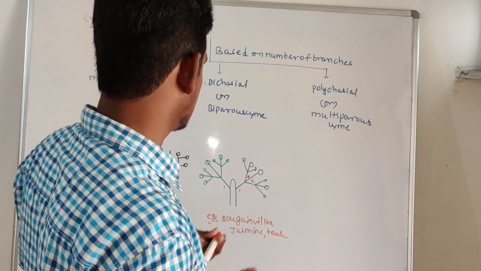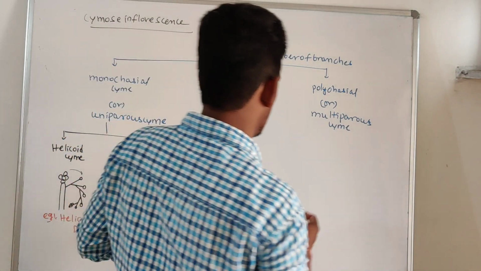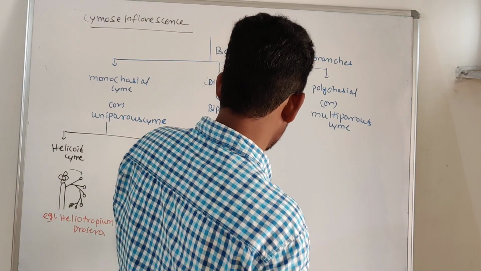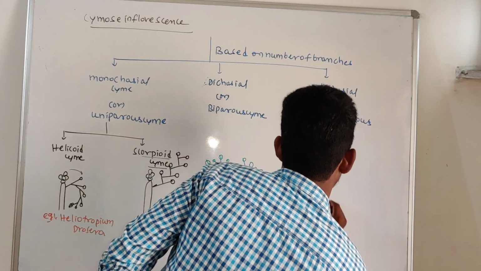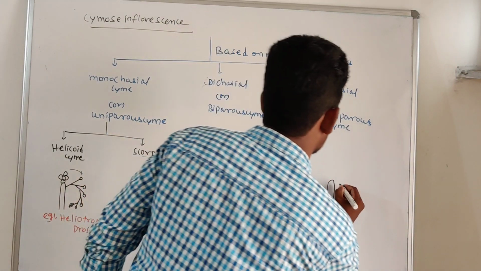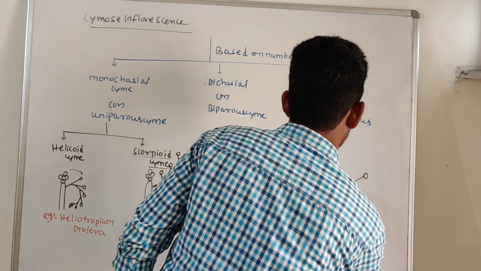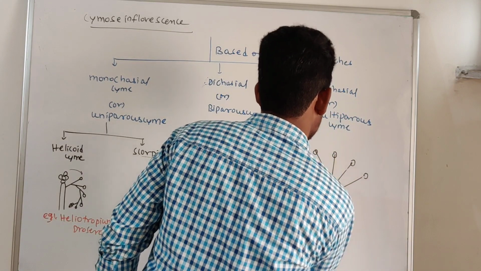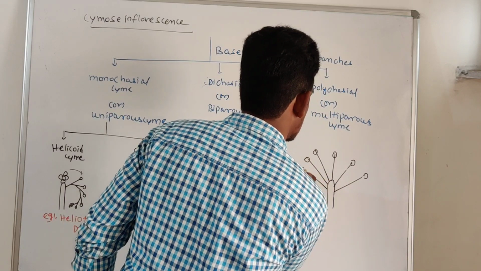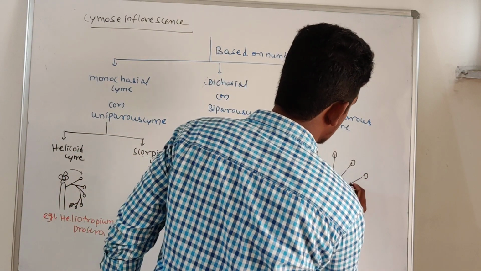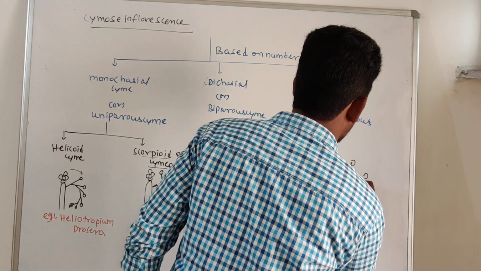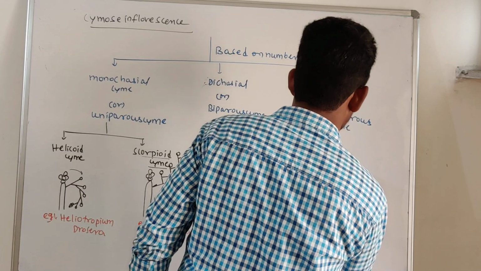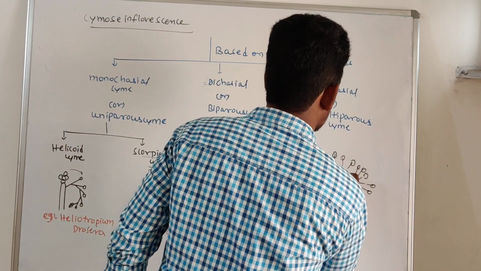What about the polychasial cyme? Here it produces various branches, more than two branches. This is the peduncle, and it produces a large number of branches, and again it produces more branches, and this one also.